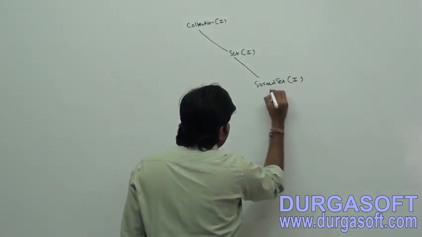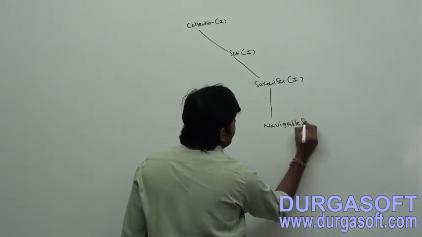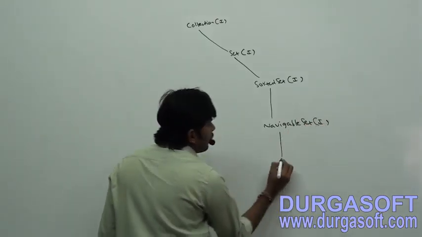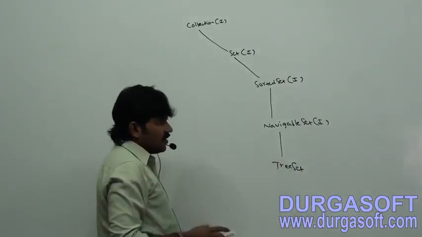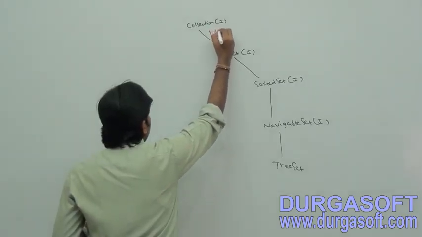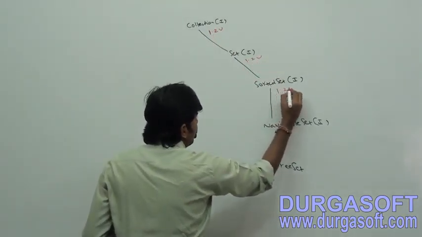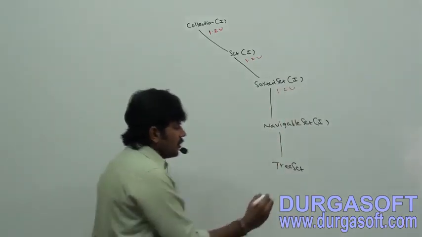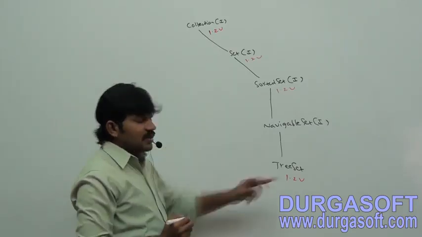Sorted set is there. Now navigable set came, and then tree set, the implementation class, right? Collection came in which version? 1.2 version. Set came in 1.2, sorted set came in 1.2, tree set came in 1.2.